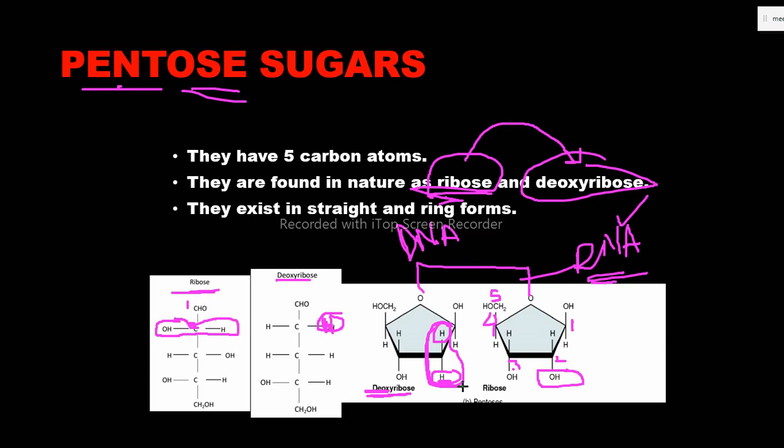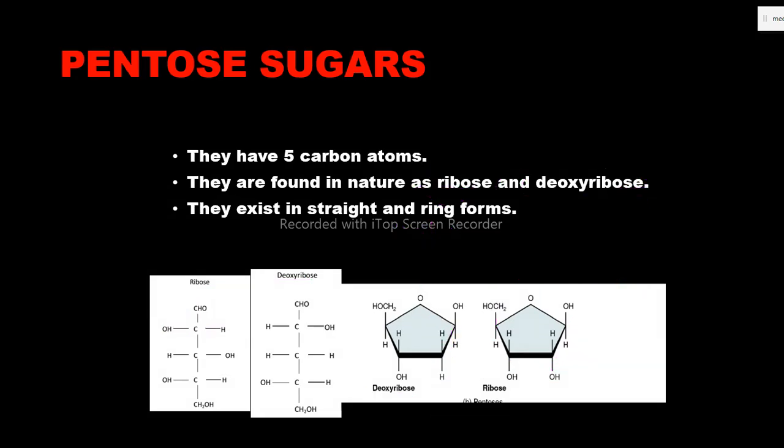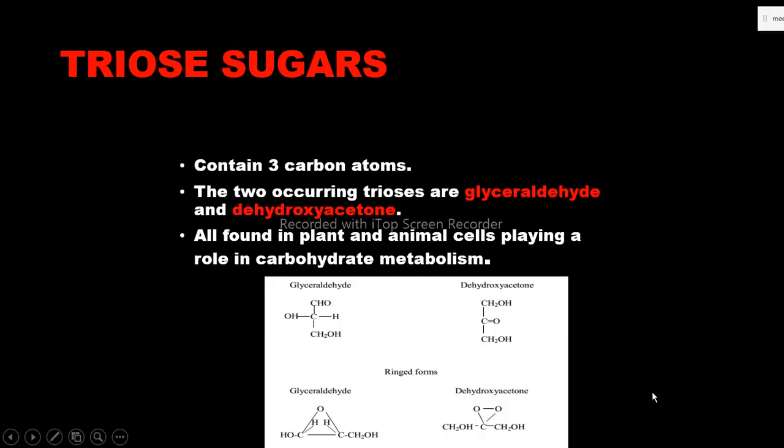Even when you are writing isomers in organic chemistry, please take note: they are not minor differences. Those minor differences actually create a big impact. So one is a ribose sugar, another is a deoxyribose sugar. One is found in RNA, another is found where? In the DNA.